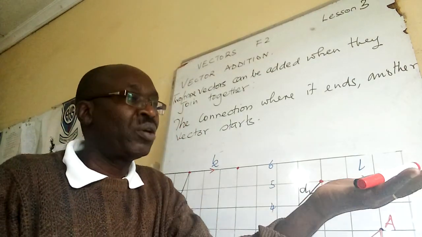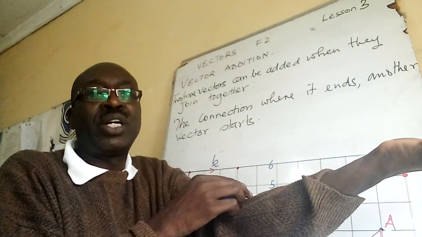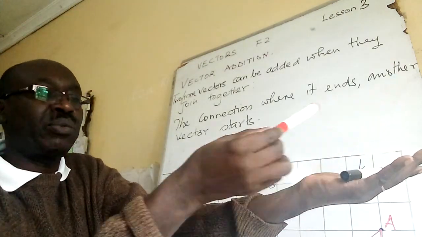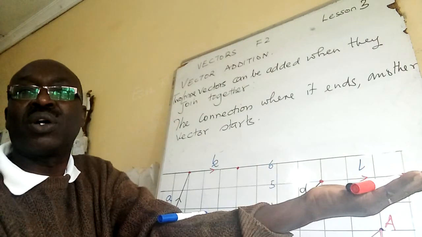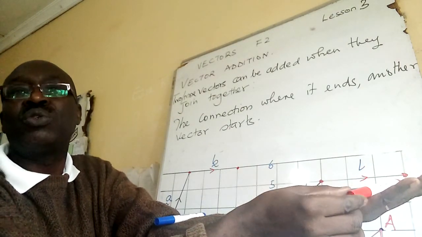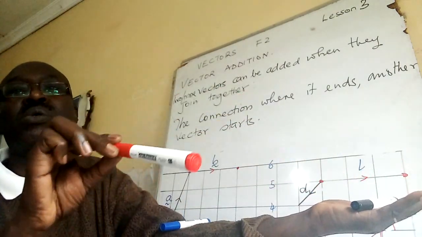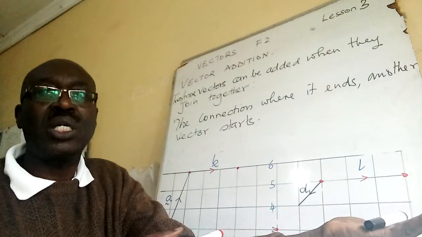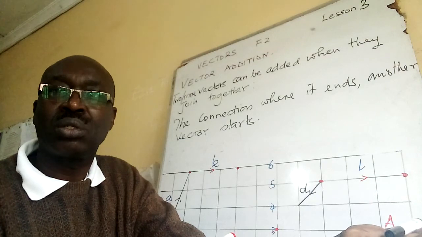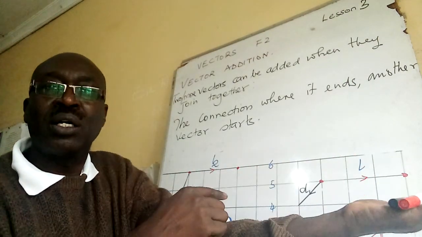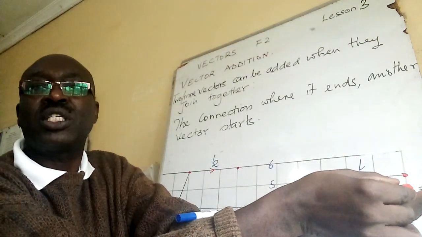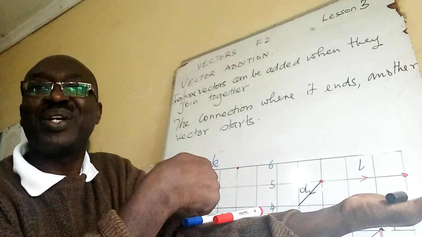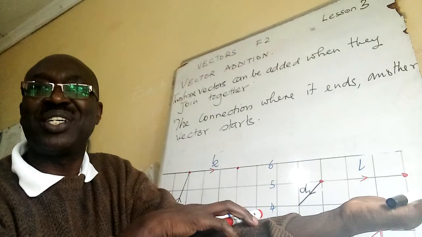If I tell you, take this, you bring it here, it doesn't work like that, folks. If it is from here to this point, it is displacement from A to B. Direction was defined.